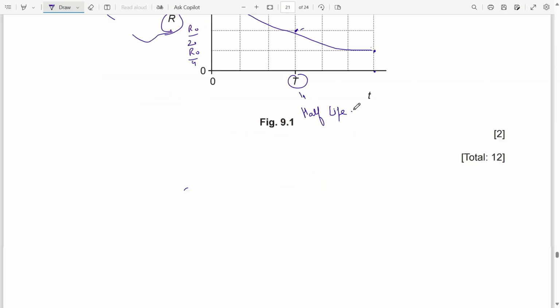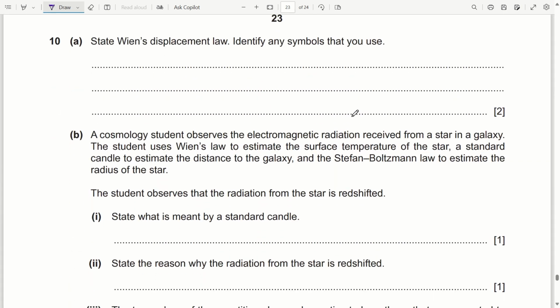Next question. State Wien's displacement law. Identify any symbols that you use.